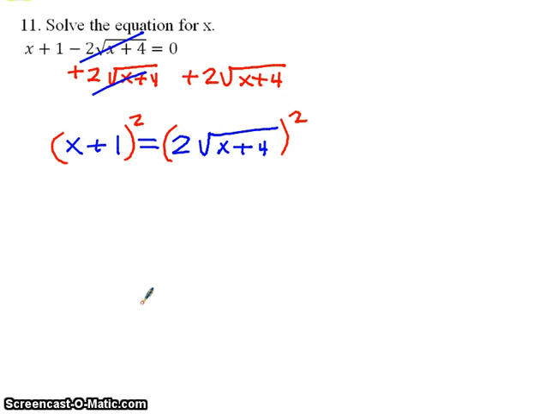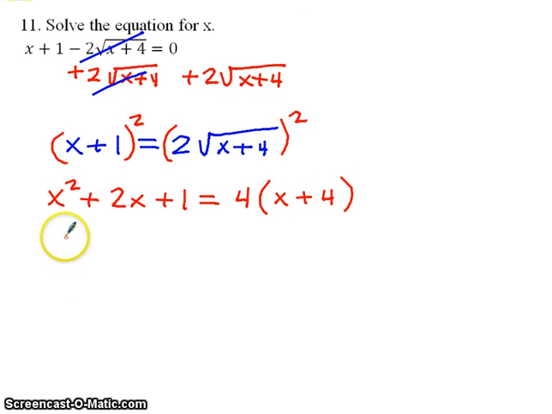What ends up happening is I expand and multiply on the left. X plus 1 times x plus 1 is x squared plus 2x plus 1. On the right, 2 times 2 is 4, and then the square root of something to the power of 2 cancels the root and the power of 2.